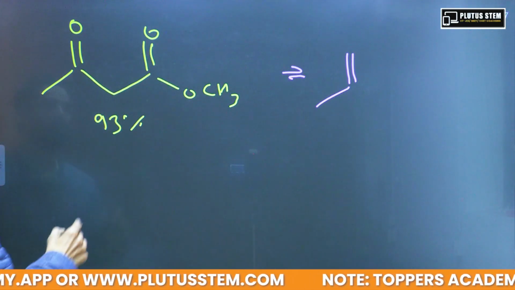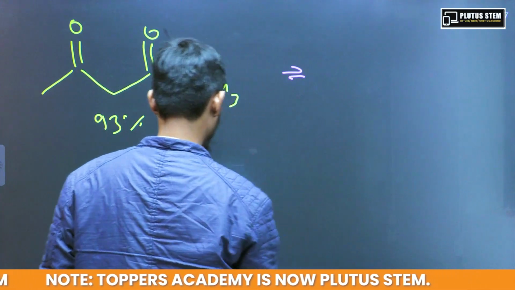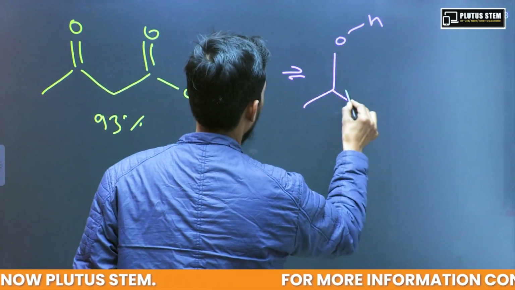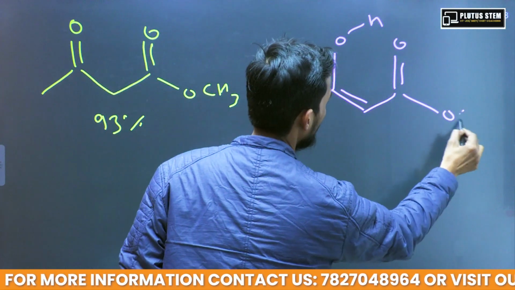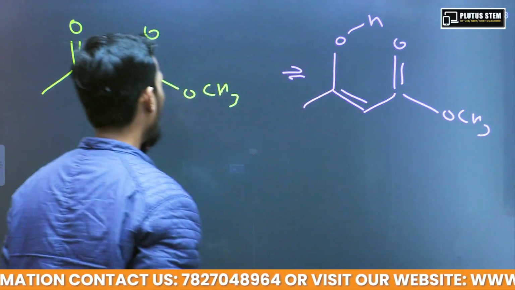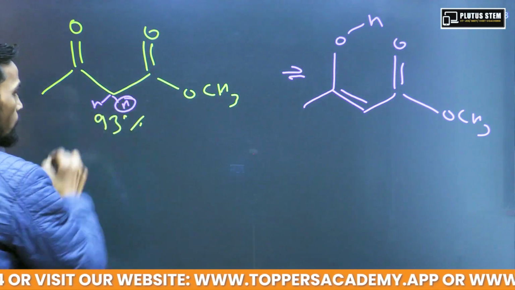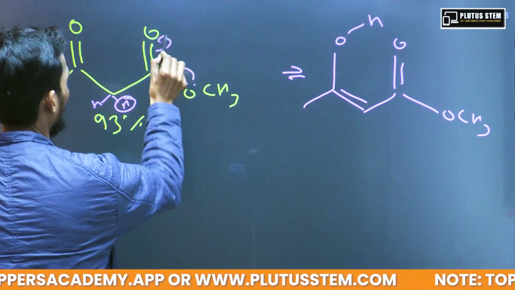because now this hydrogen, this will be inverted over here, OCH3. So these hydrogens are not that much electron withdrawing due to this conjugation.